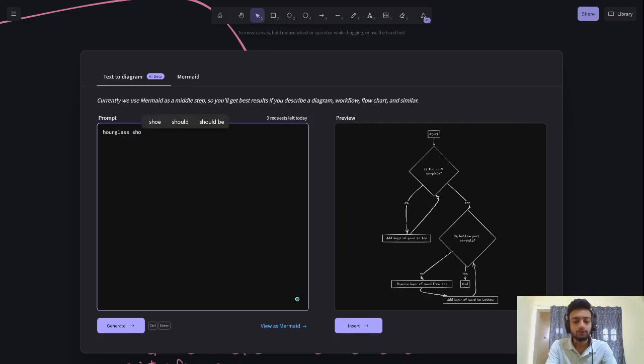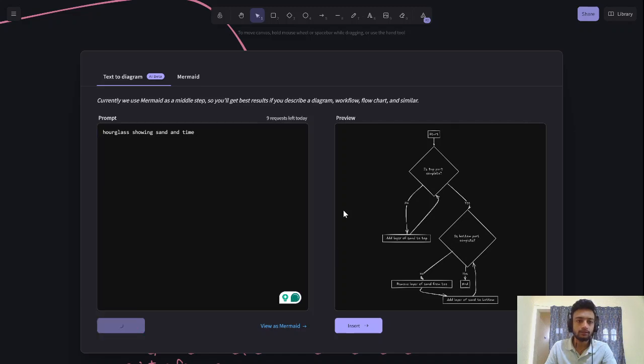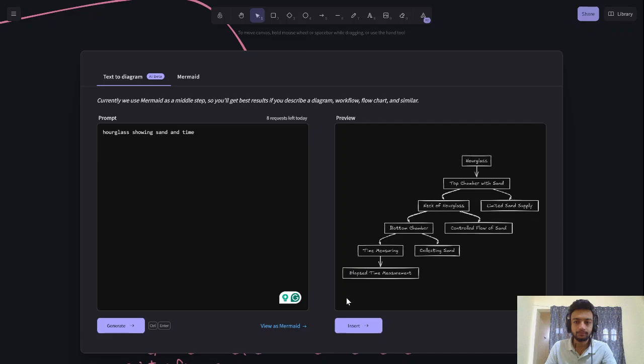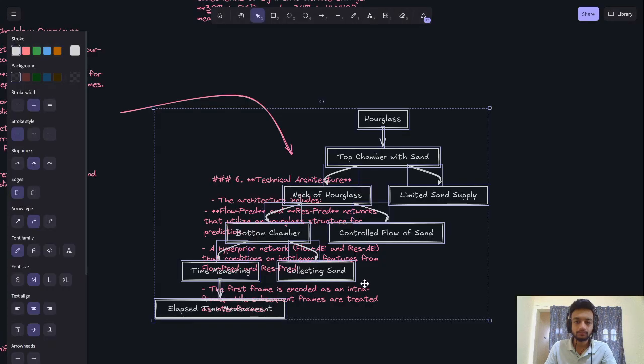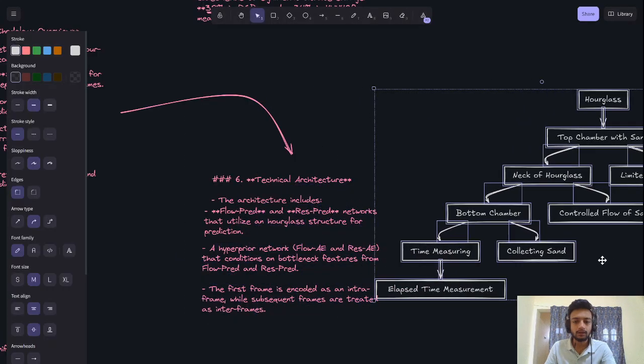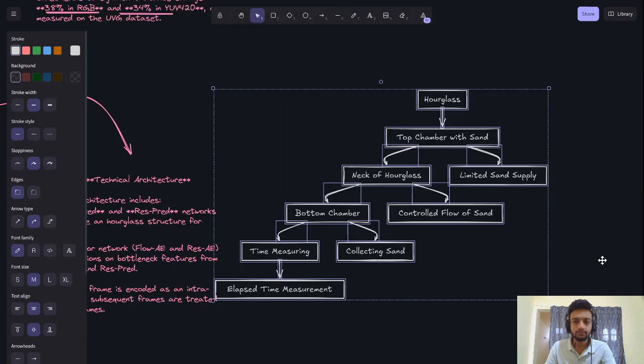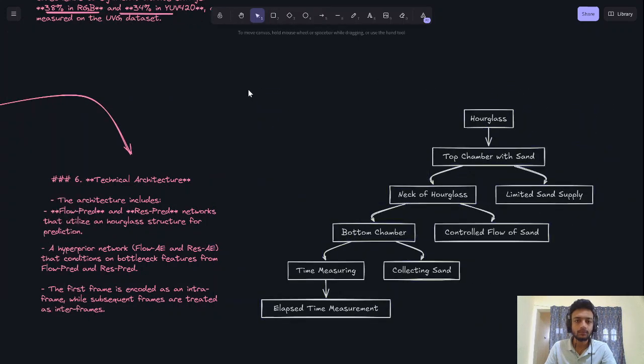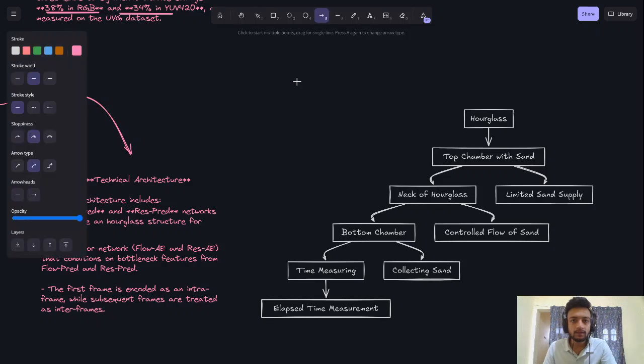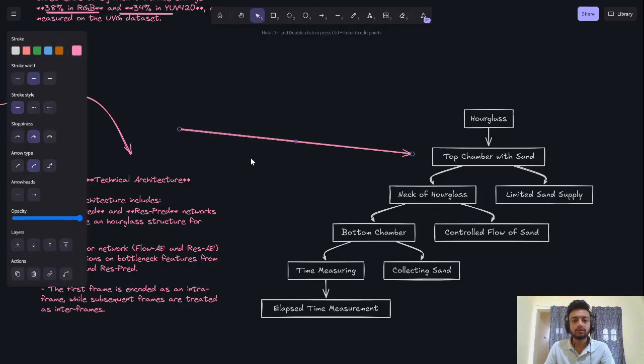An hourglass showing sand and time. So quickly we'll generate. Yeah, as you can see, the hourglass structure talks about this.